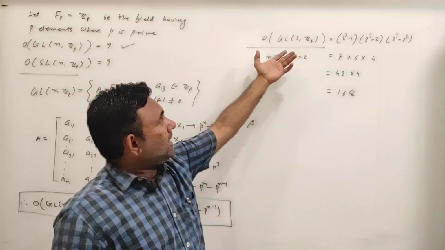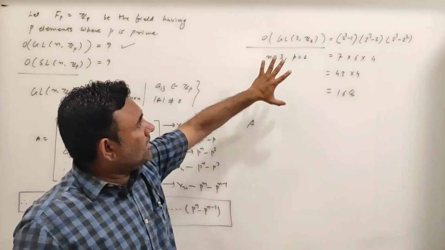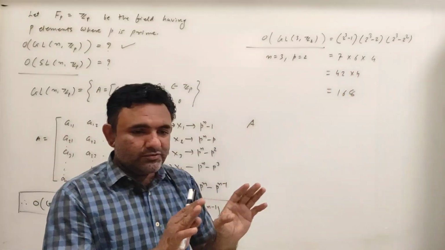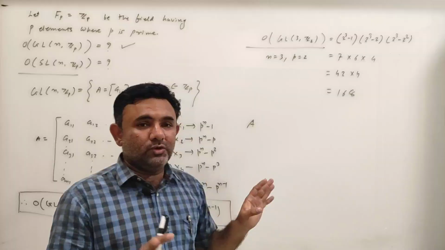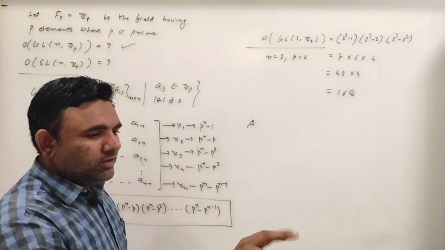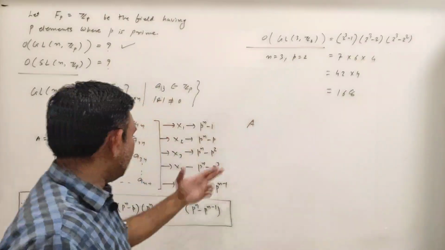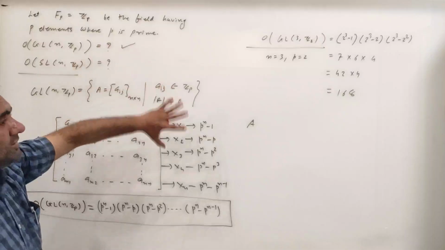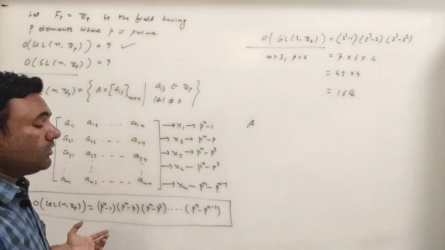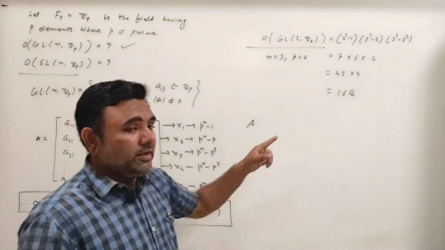They are just asking the cardinality of this set, but they do not say it is GL(3, Z2). They frame the question in this language, but if you unfold it, it turns out to be this set, and we have this ready-made formula. All this discussion is just for understanding, but whenever you have such a problem, you just apply the direct formula.